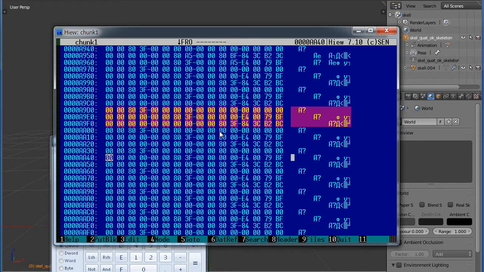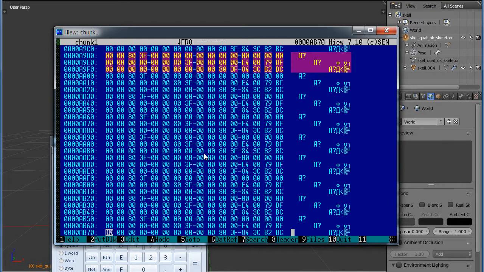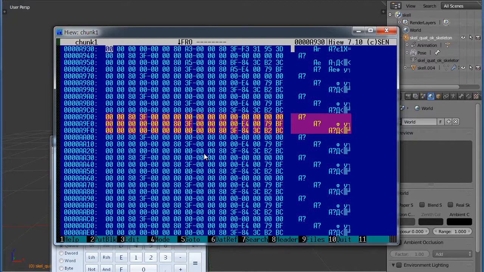So this is a zero matrix, which will represent a zero rotation. And these three numbers will probably be translations, like X, Y, and Z. So we have another bone table here.